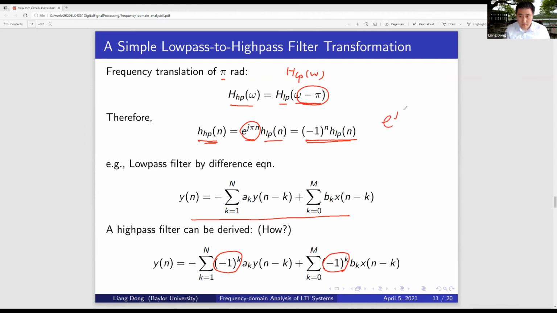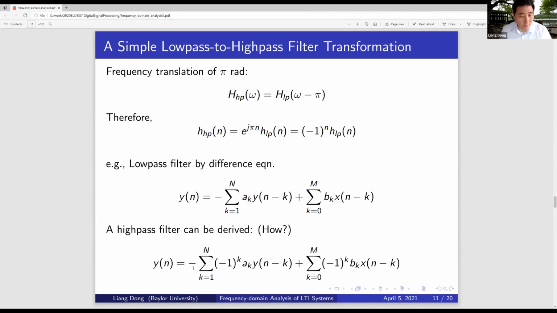That means you put a (-1) to the power n, to the power k, on each term. This part works for the poles, and this part works for the zeros. So it's a very easy transformation from a low-pass filter to a high-pass filter.